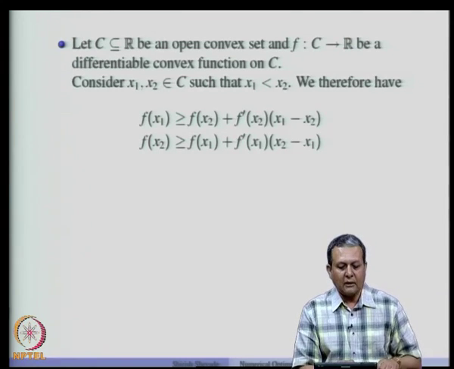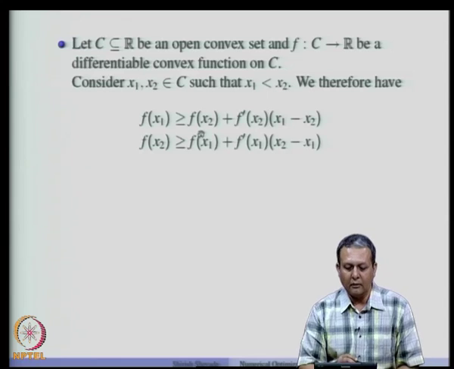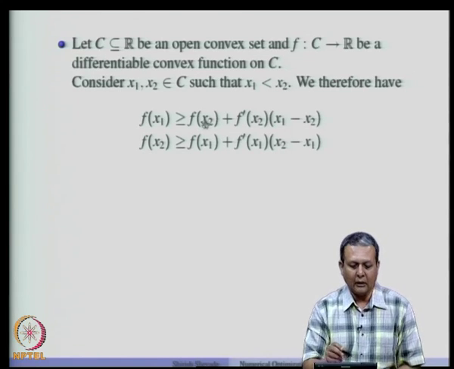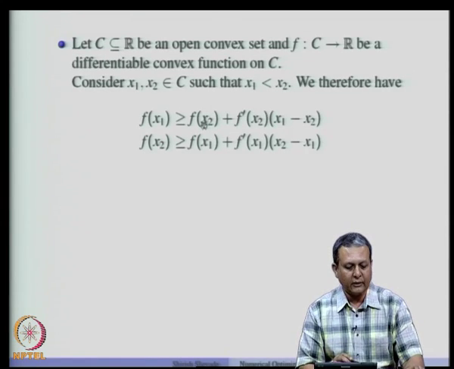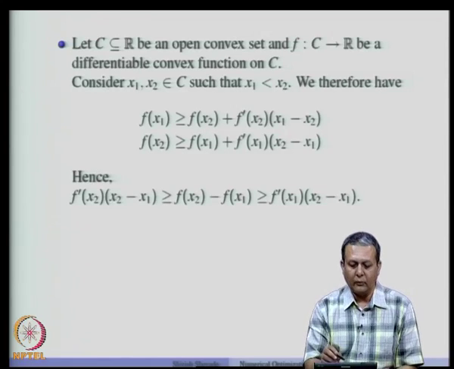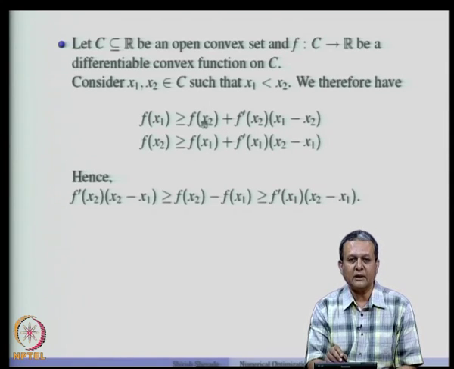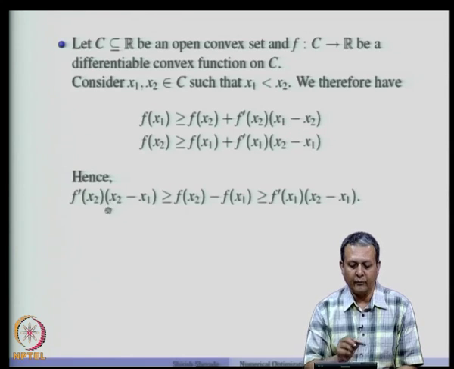So, we will write how f of x2 minus f of x1 looks like. From the first expression, f of x2 minus f of x1 is less than or equal to f dash x2 into x2 minus x1, and from the second, f of x2 minus f of x1 is greater than or equal to f dash x1 into x2 minus x1.